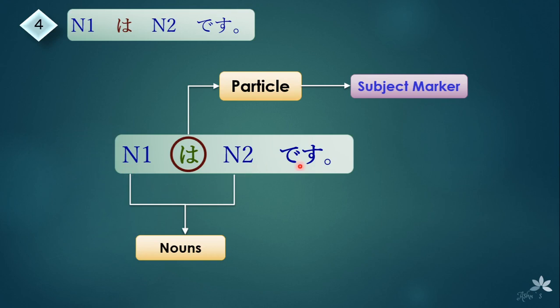Desu is just added in the end of the sentence to sound polite. The full stop in Japanese is written in this way, a small circle. This sentence will mean N1 is N2.